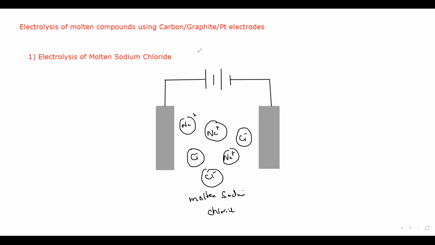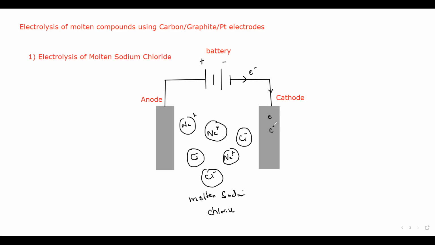Now, how it works: we have the positive and negative terminal. This is the anode. The other one is the cathode. And here we have a battery. The working is the same as before. From the negative terminal of the battery, electrons will come out.